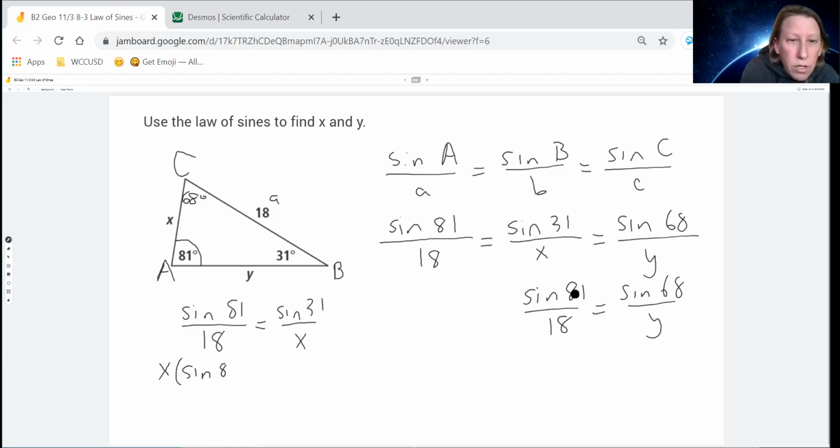Okay, I'm doing cross products. 18 times the sine of 31. I divide both sides by the sine of 81 degrees. And X is going to be whatever that is.